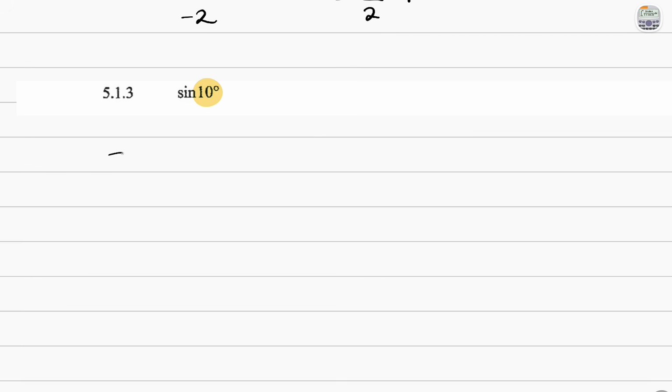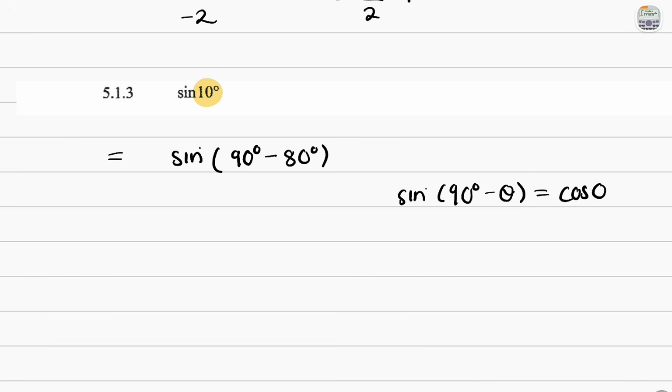A more step-by-step approach would be to take this as sine, and you're basically saying 90 degrees minus what gives us 10 degrees, and that's minus 80 degrees. And so using cofunctions, remember how sine of 90 degrees minus theta is equal to cos theta.